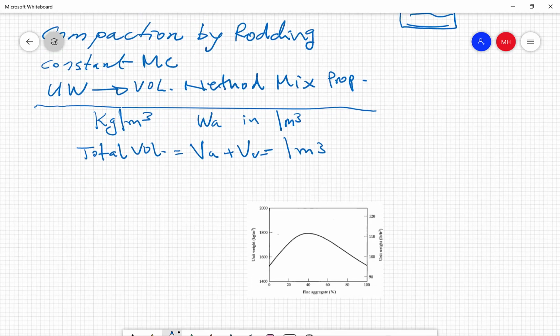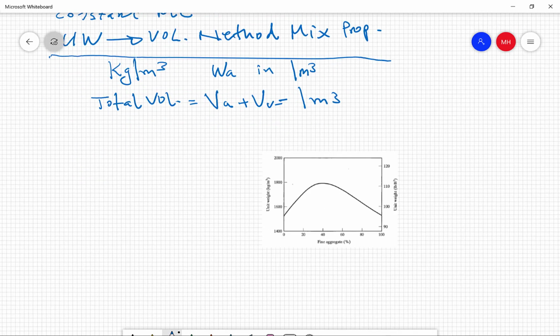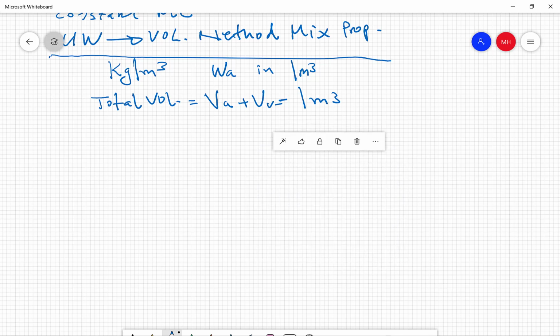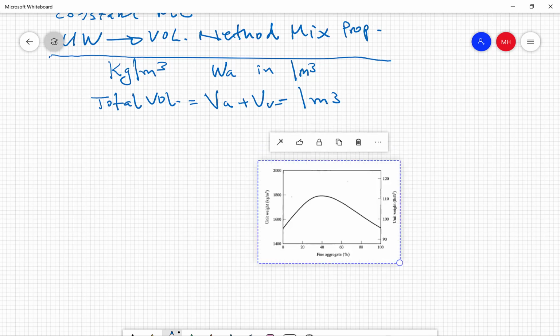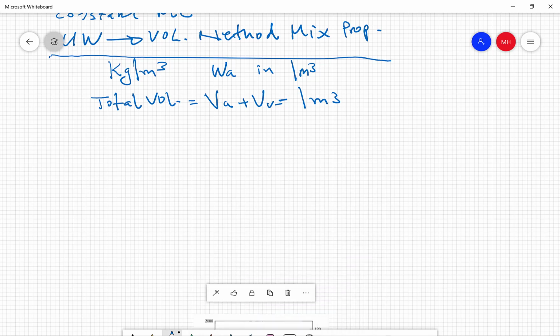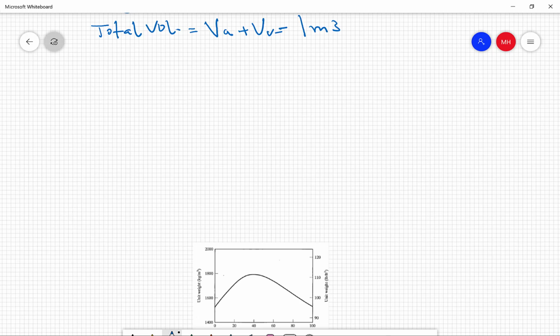All right. Now, let me keep sliding this down here. Sorry, guys. And if we rearrange the equation, V sub V will be equal to 1 minus the V sub A. And again, this is in cubic meter.